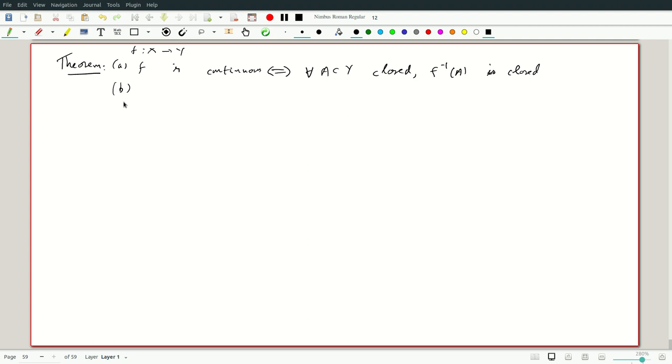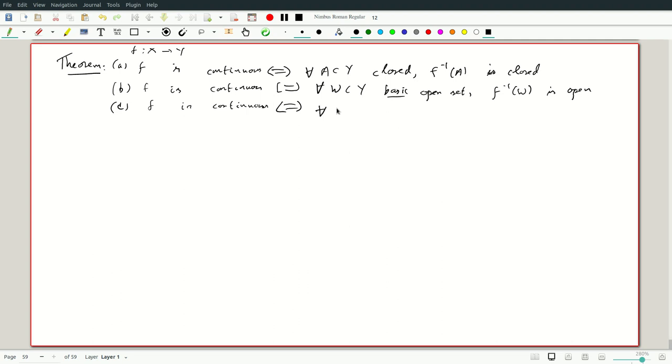Okay, and again, f is continuous if and only if a couple of other conditions hold. f is continuous if and only if for all W in Y basic open set, f inverse of W is open.